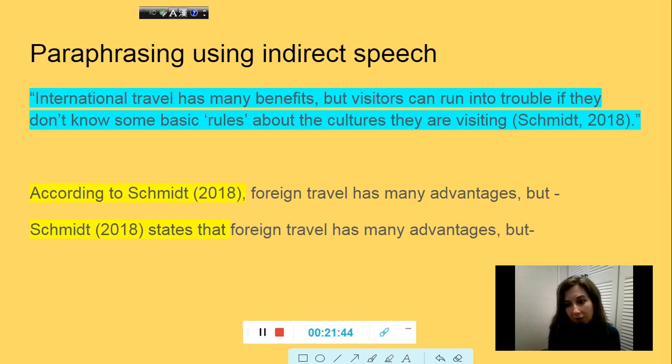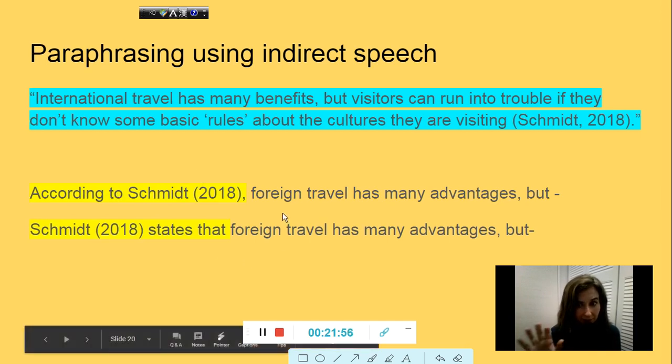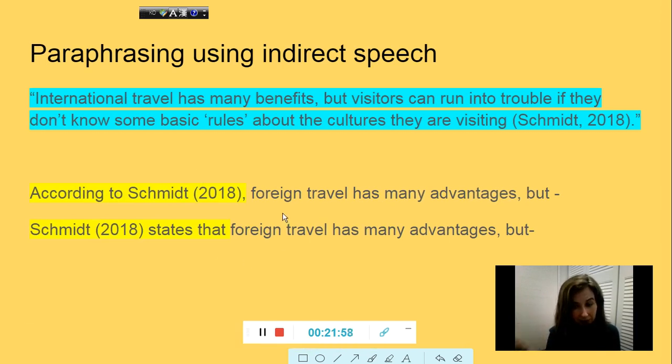So that's the beauty of paraphrasing, is that you don't have to put it in quotation marks, but you still have to cite it. So this is very important. If you are taking somebody else's ideas, even if you're putting it into your own words, you still have to cite where you got the information from.